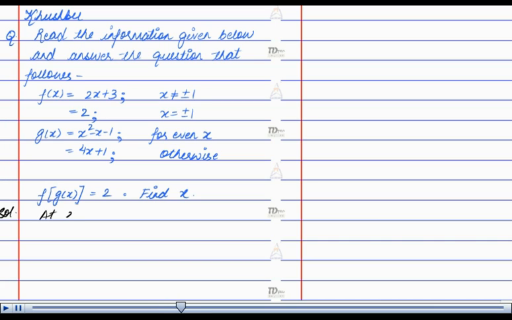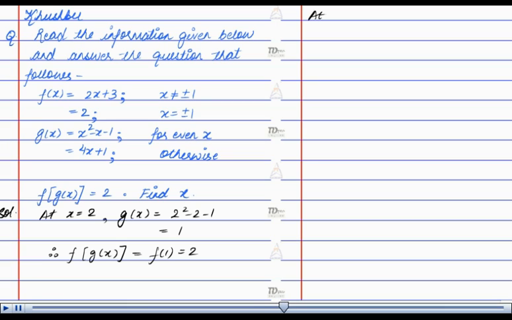At x = 2, we get g(x) as 2² - 2 - 1, which comes out to be 1. Therefore, f(g(x)) becomes f(1), that is 2.